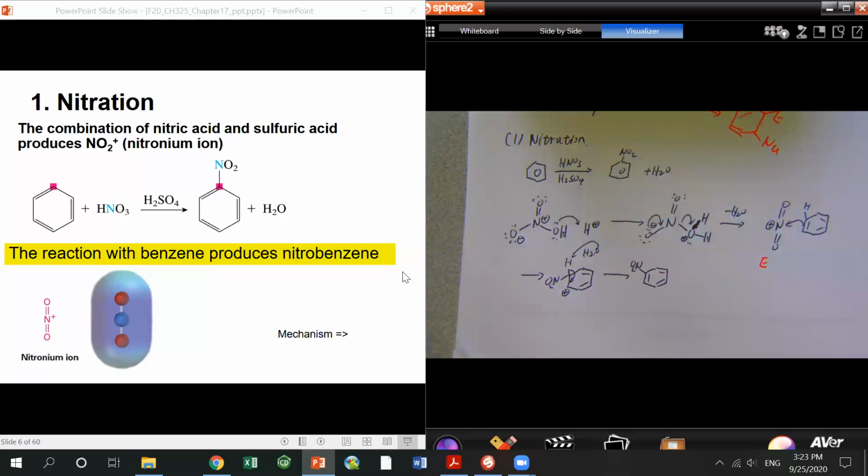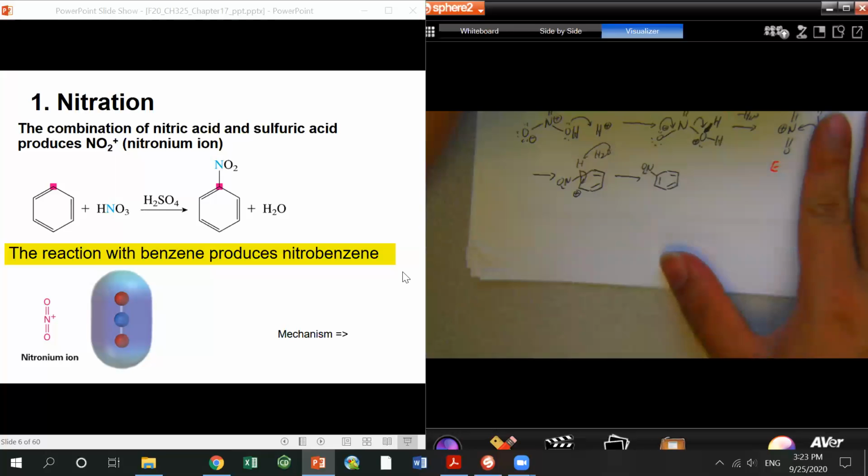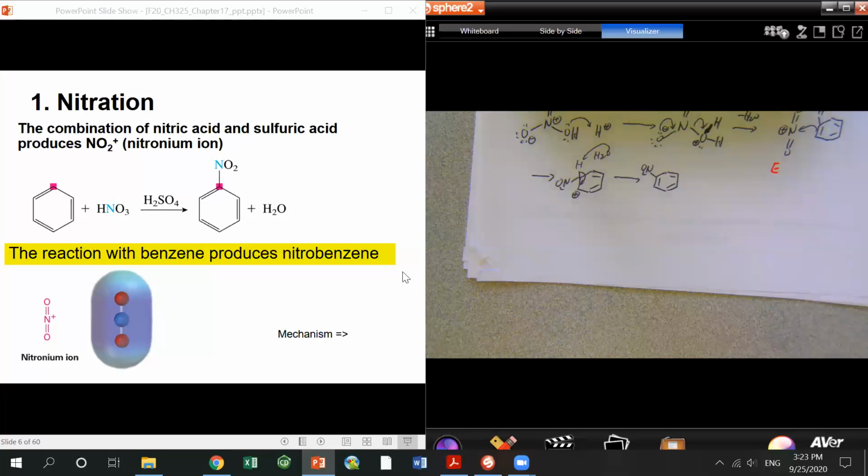So that's the whole reaction process. For this reaction, maybe write down a little bit, you can control how many nitro groups go onto benzene.